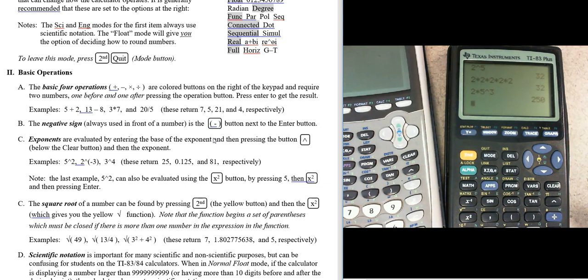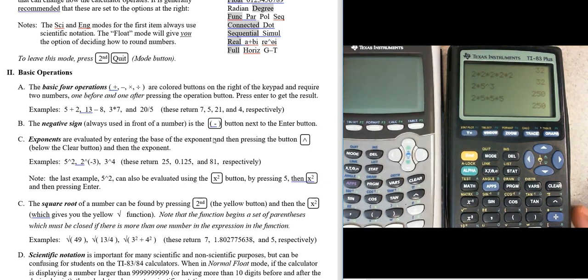But it doesn't give you 1,000. It gives you 250. The reason is it's really doing the exponent first, 5 times 5 times 5, which is 125, and then multiplying by 2. Or in other words, it's doing 2 times 5 times 5 times 5. And you see that's the same thing, 250. Okay? So the calculator knows the order of operations.